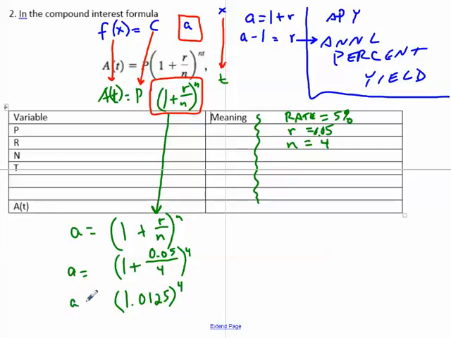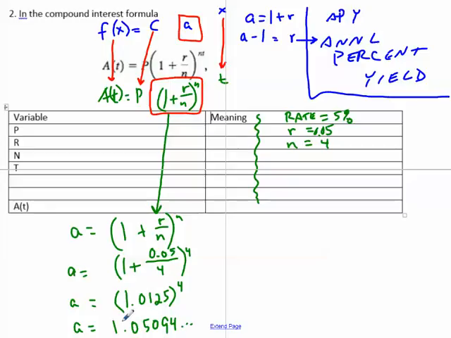That's my A. A equals, I pull out my calculator and I got 1.05094... And after that, it really doesn't matter a whole lot because we have to round to about 4 or 5 decimal places.